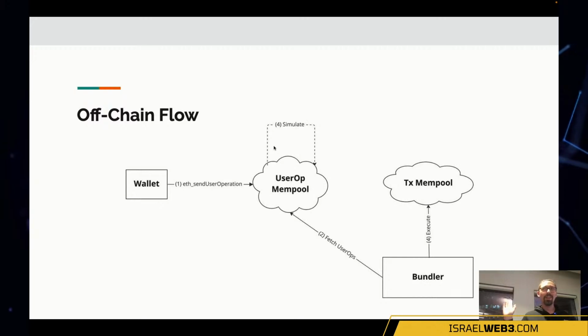Think of your Geth node or Ethereum node that runs the bundler on the side, and they communicate on one machine. Of course, the TX mempool and the user op mempool need to be decentralized and shared between nodes, but basically all this can happen on one machine.